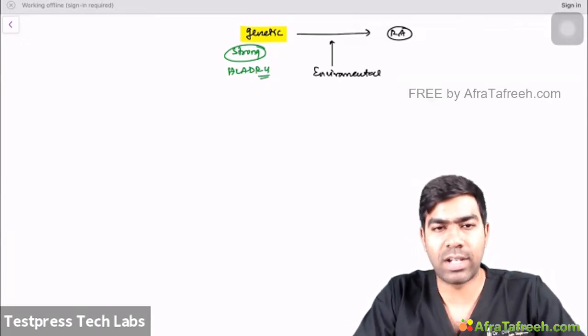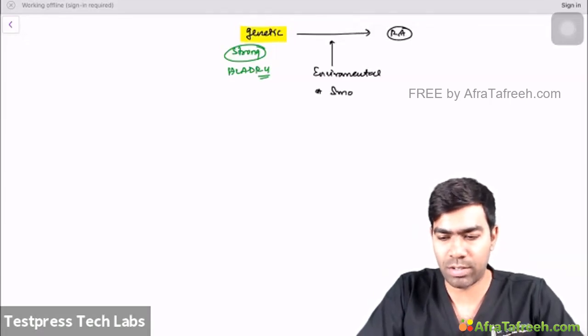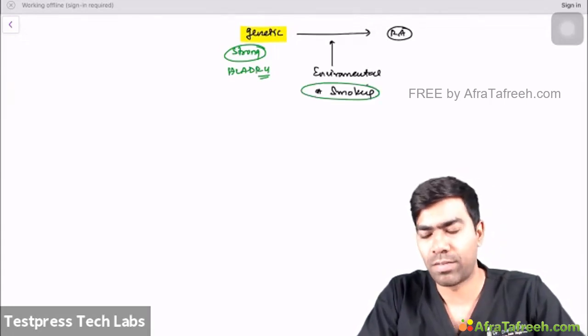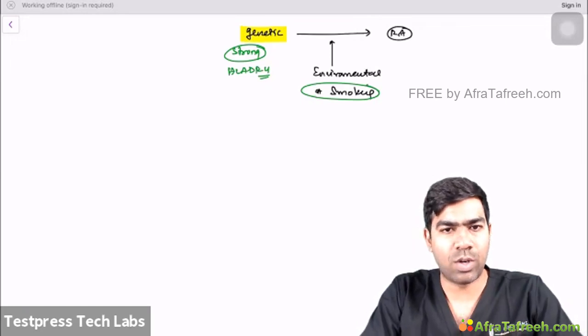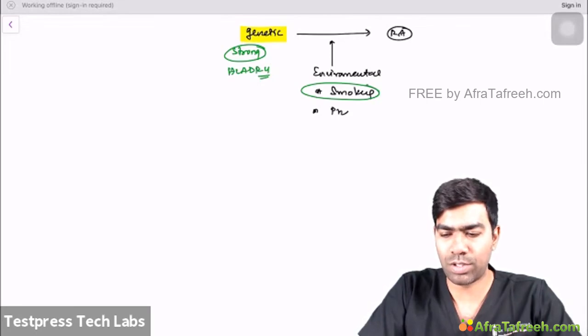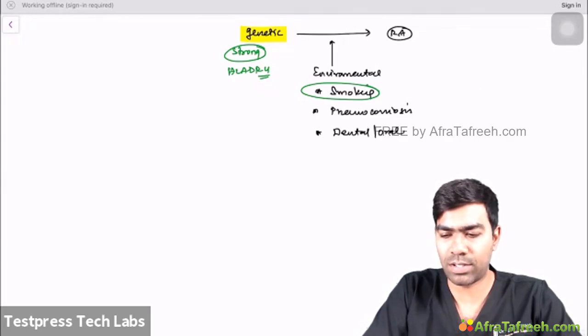And as far as the environmental insult is concerned, it's going to be smoking, one of the strongest risk factors. If they ask you the strongest environmental link to rheumatoid arthritis, the answer will be smoking. Very, very high risk. And you have other risk factors like pneumoconiosis, and having dental or chronic oral infections is supposed to be a risk factor.